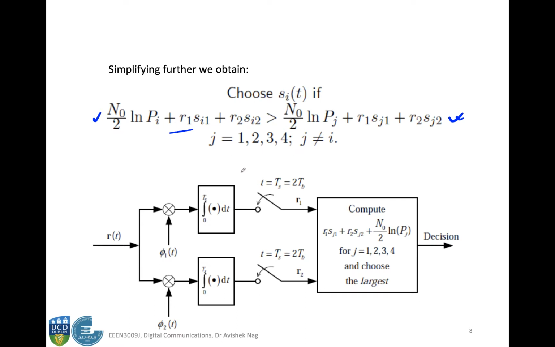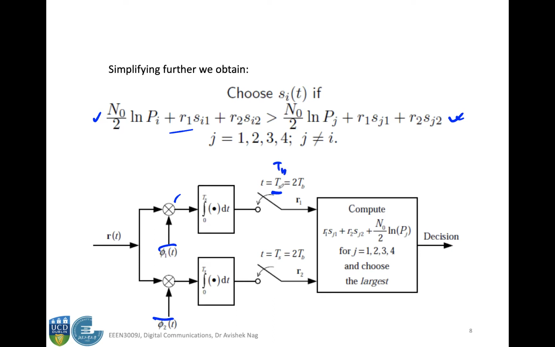Now if you want to have a receiver for this, you have your received signal here. You correlate it with phi 1t and phi 2t, and then you take samples every Ts seconds. In case of binary, you are sampling every Tb seconds.